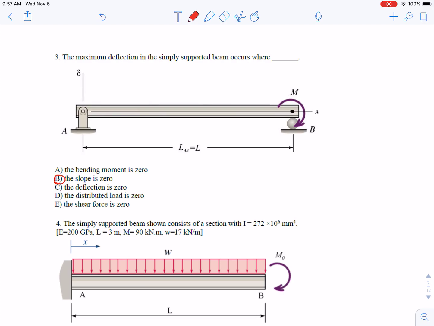The answer is B. So after deflection in this simply supported beam, when you bend it in this way, the deflection may be like this. Okay, so where you have slope equals 0, you have the maximum deflection.